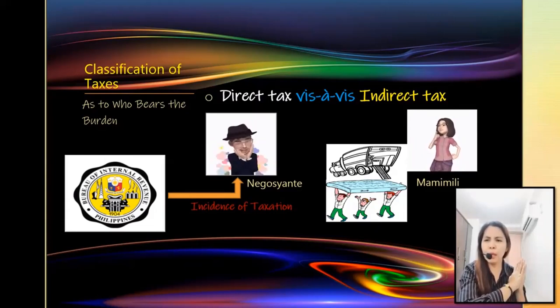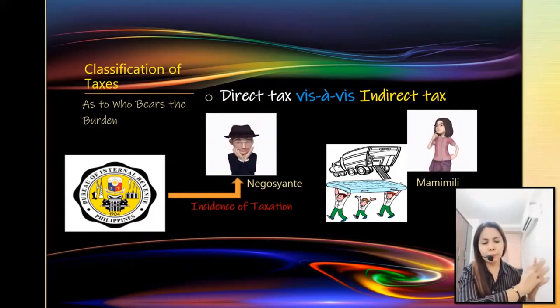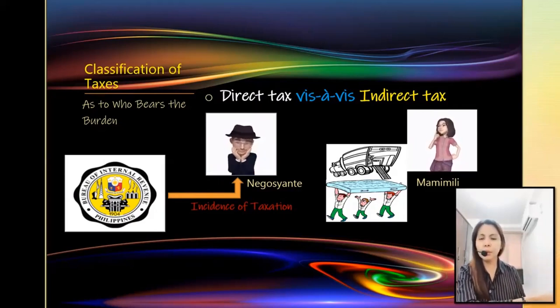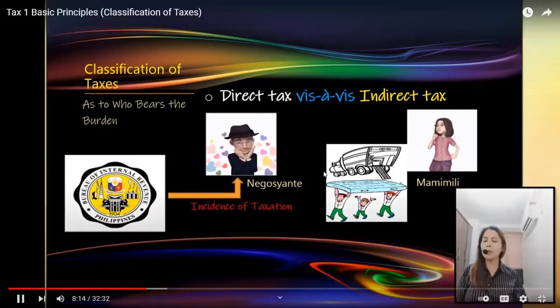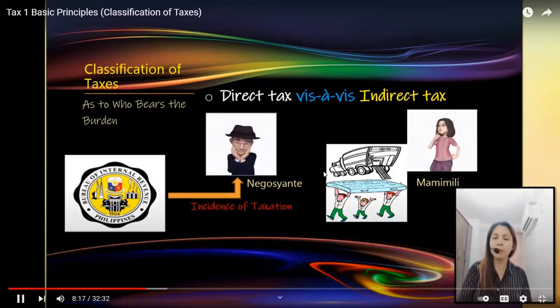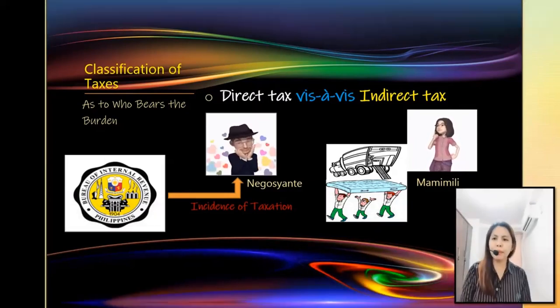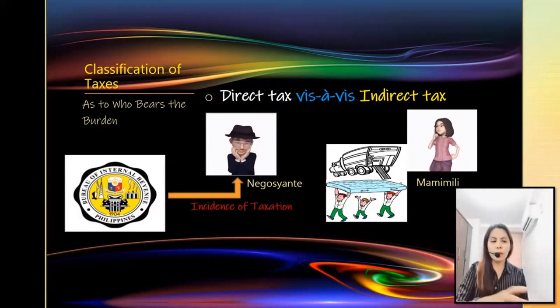The only one. Now, in deriving his income, he will be subject to income tax. And Mr. Negosyante is our taxpayer. Now, the incidence of taxation falls on Mr. Negosyante being the taxpayer.